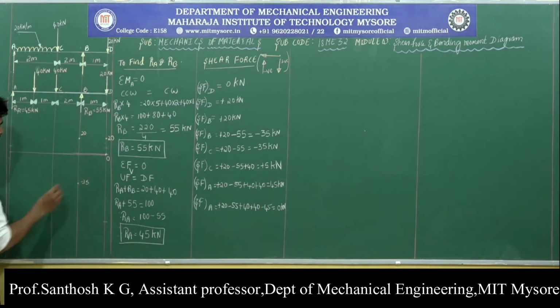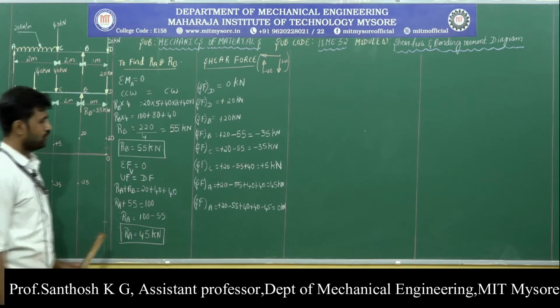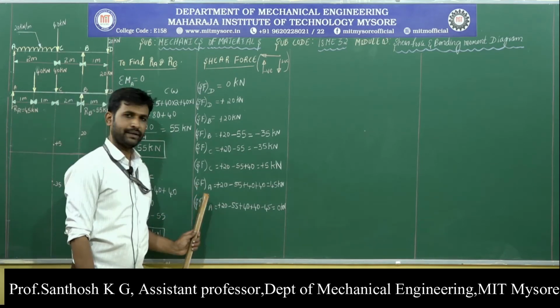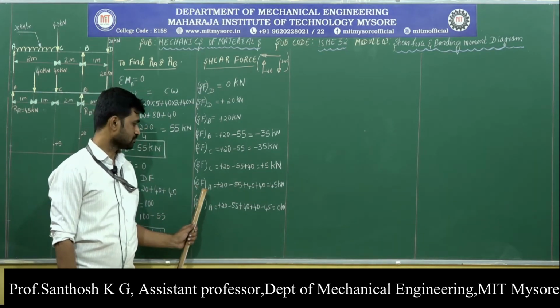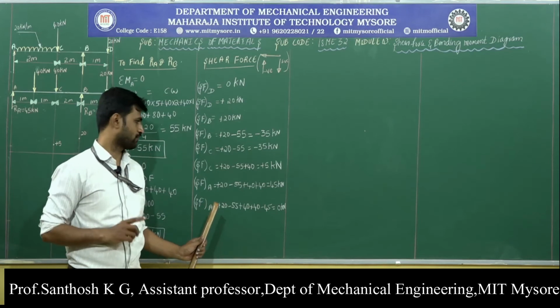So, at point C, the first shear force has a magnitude of minus 35 kilonewton and the second shear force has a magnitude of plus 5 kilonewton. Then at point A, we have two shear forces.